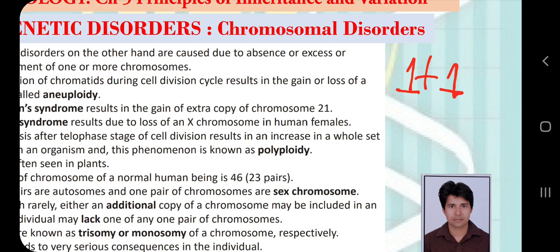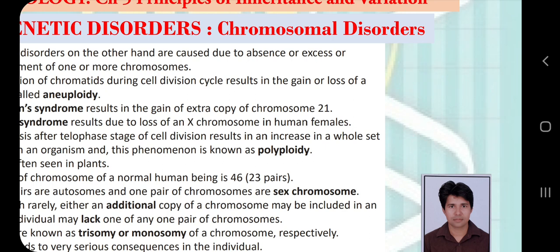It means we have 2 copies of chromosome number 21, and if we have one additional copy, then chromosome number 21 will become 3 in number. So if we have one extra chromosome, it is called trisomy. See, tri means 3. Why trisomy? We are only having one extra copy because we already have 2 copies of that chromosome.